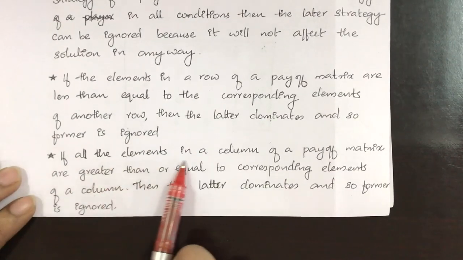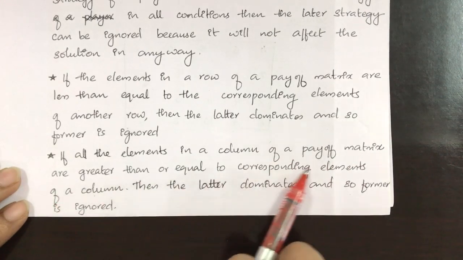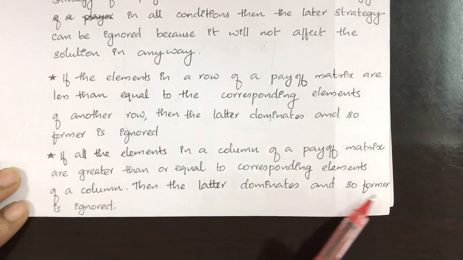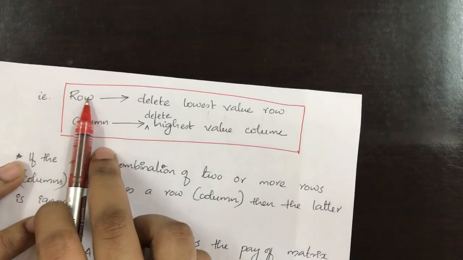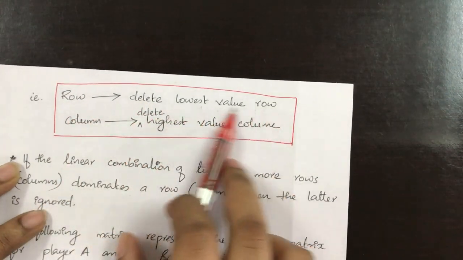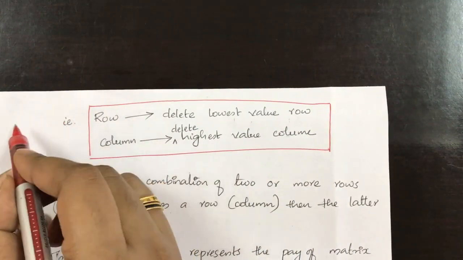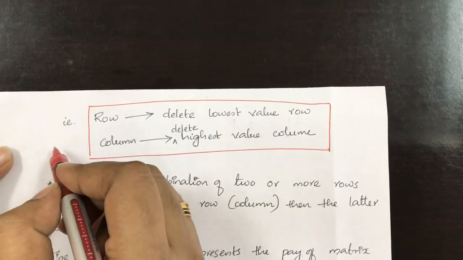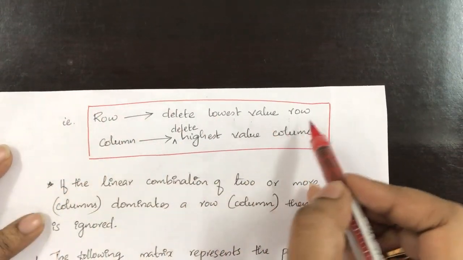Second, if all elements in a column of a payoff matrix are greater than or equal to the corresponding elements of another column, then the latter dominates and so the former is ignored. Simply put, in a row, delete the lowest value row: if the values in a particular row are less than or equal to the corresponding values in another row, we can delete the lower valued row.